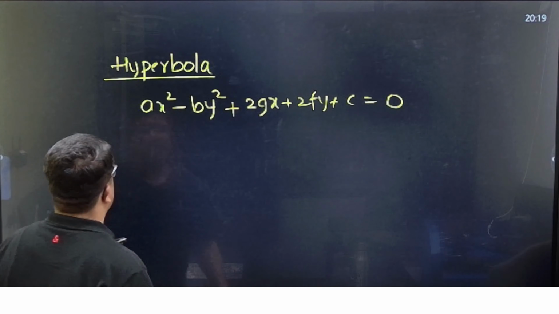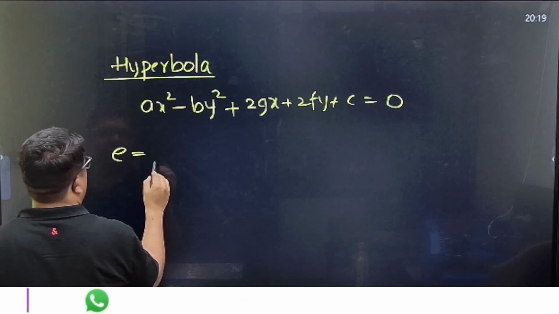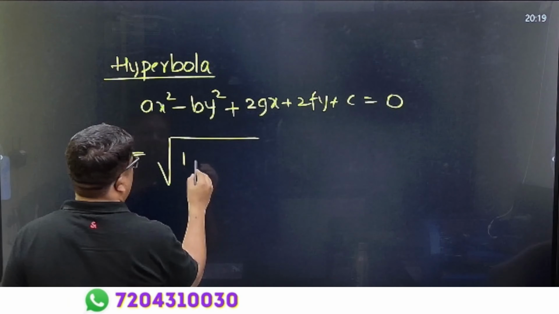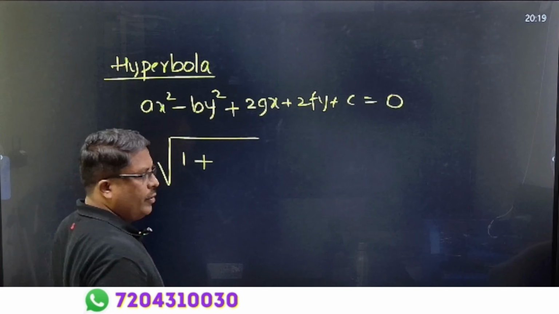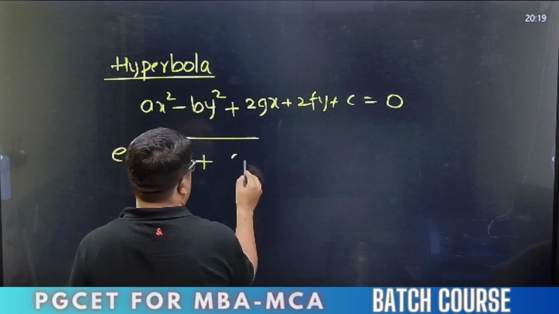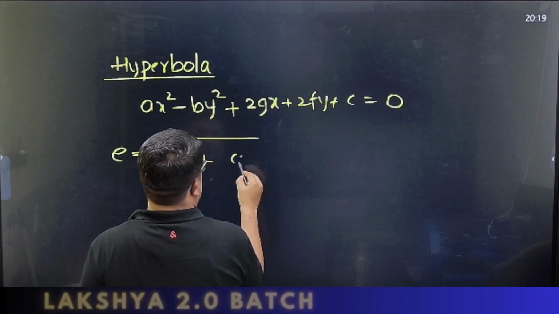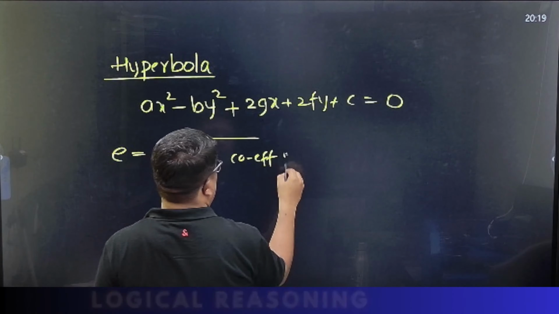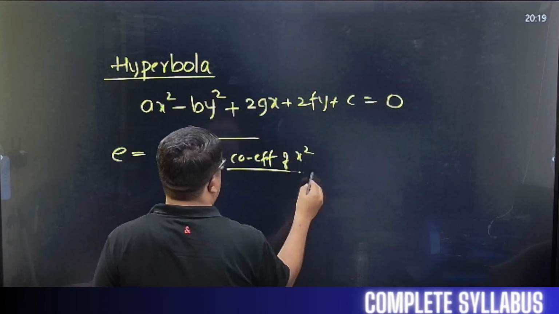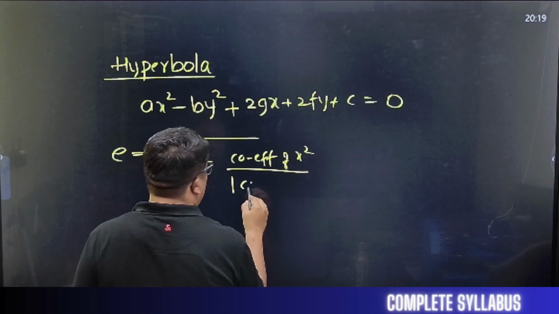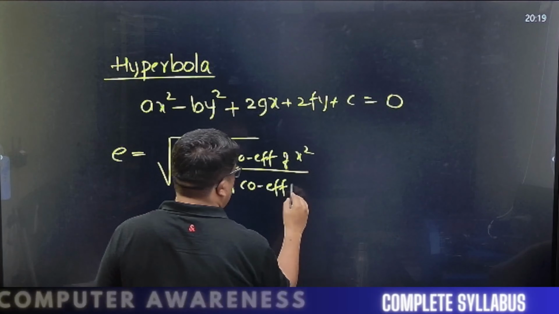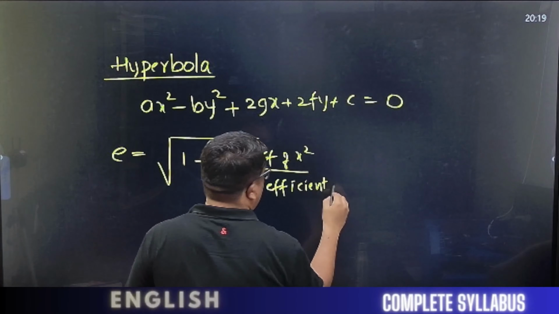If this is the case, then eccentricity will be square root of 1 plus coefficient of x square divided by modulus of coefficient of y square.